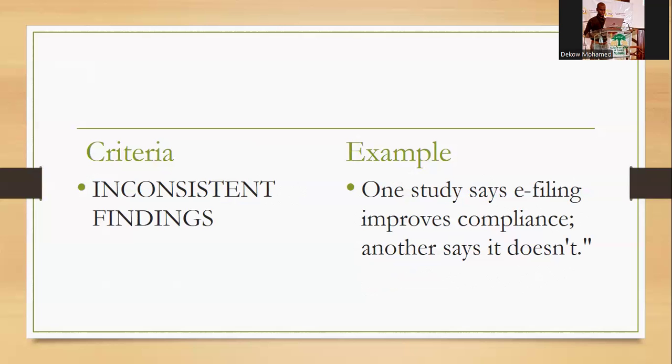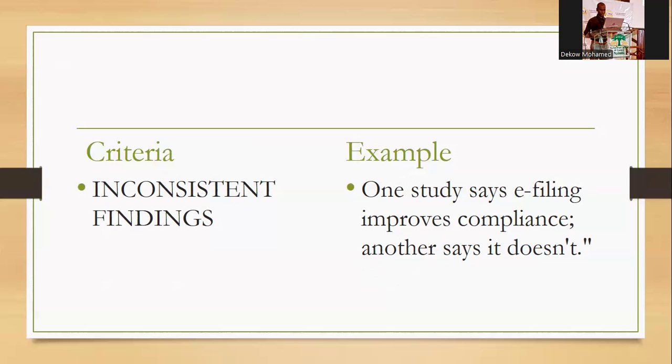Then the other criterion to find a research gap is to look at inconsistent findings. Maybe one study says e-filing improves compliance, but another study says e-filing does not improve compliance. This means there is inconsistent finding. They disagree. One says improve, another one says doesn't improve.